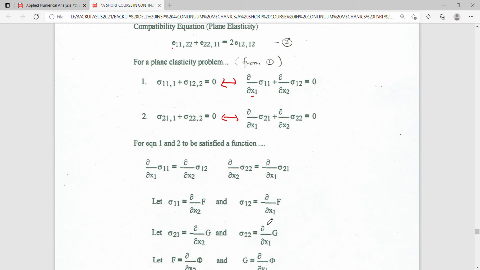And on the other hand, looking into this second equation here, okay, if I take sigma 2 1 as the negative partial derivative of g with respect to x2, and I take sigma 2 2 as the partial derivative of g with respect to x1, then I force this equation to be equivalent, or these two values to be obviously equal. Okay.